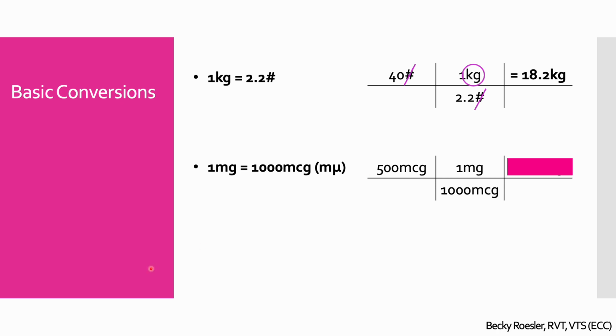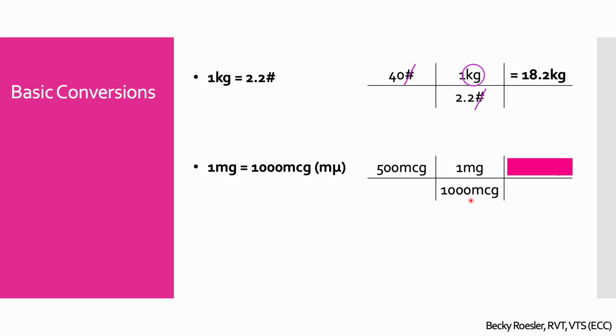Next, we want to figure out what 500 micrograms is in milligrams. So we know that in 1 milligram, there's 1,000 micrograms. So we start with what we know. We have 500 micrograms.